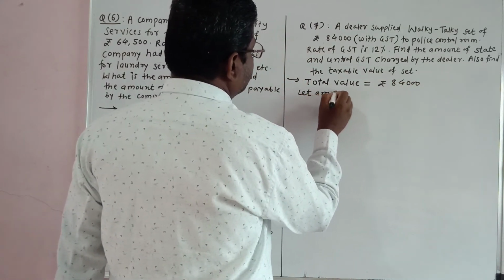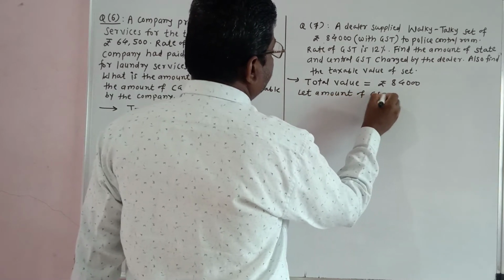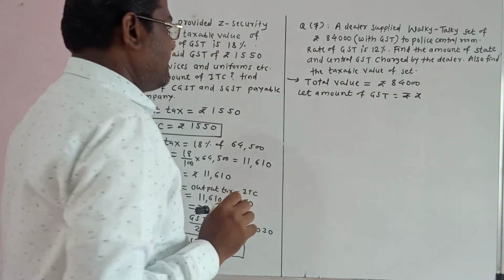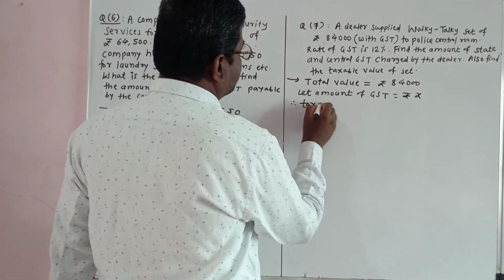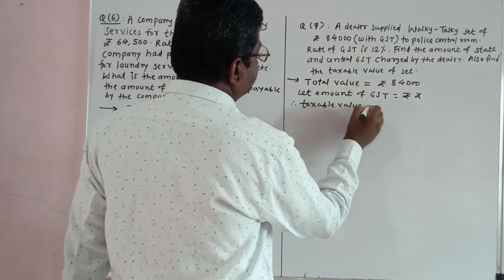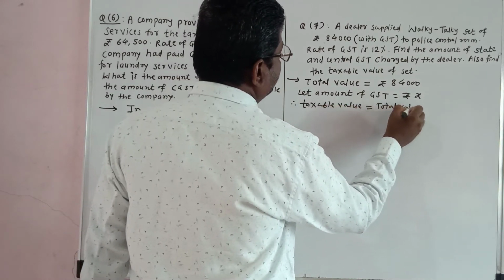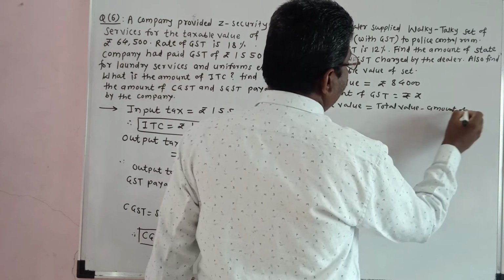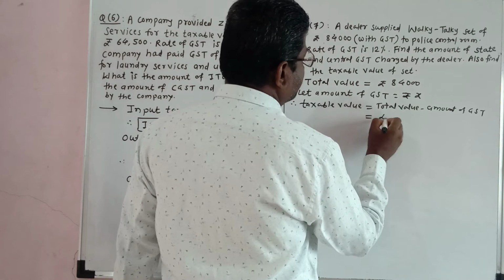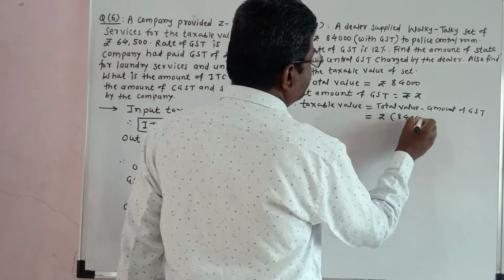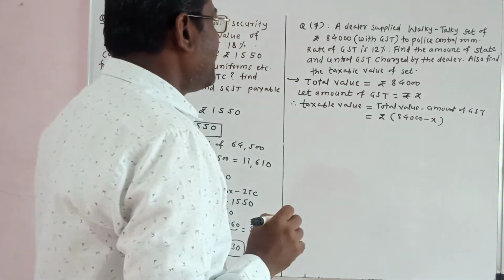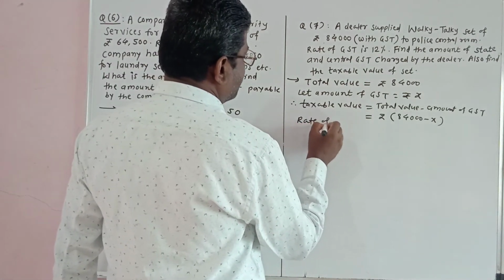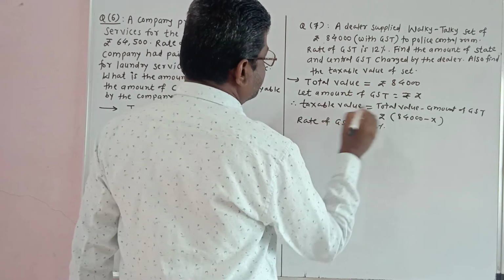Let the amount of GST be rupees X. Therefore, taxable value is equal to total value minus amount of GST, which is 84,000 minus X. Now rate of GST is 12%.